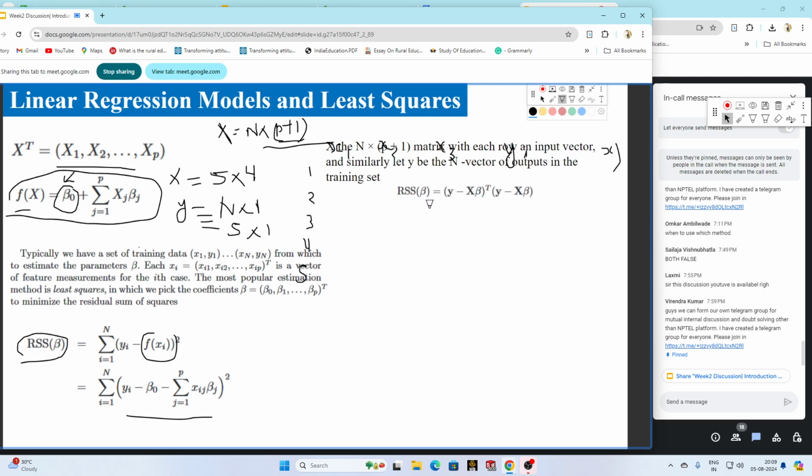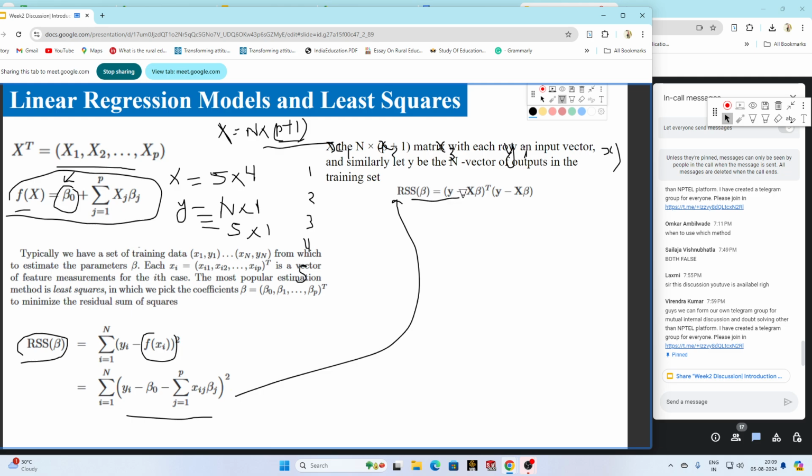Now whenever we are converting this equation into matrix form, our equation will be this: RSS(beta) equals (y minus X beta) transpose (y minus X beta). Y is your matrix of the actual output, X is your input matrix, and beta is your beta matrix, which takes all your betas into account, that is beta naught, beta 1, beta 2, and so on.